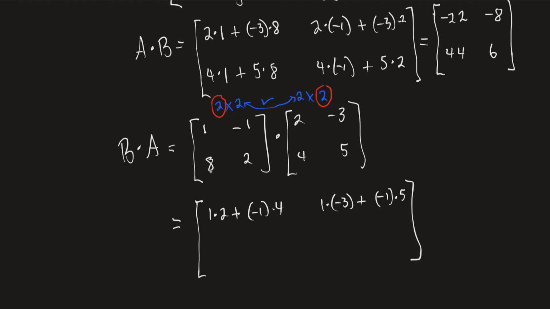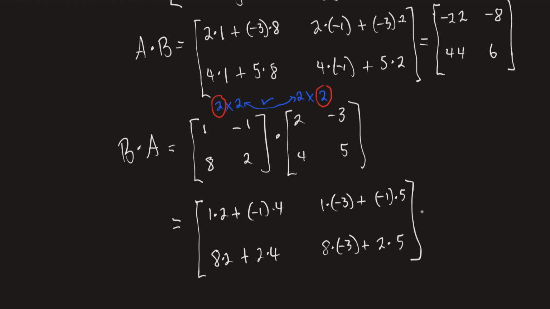Now repeat using the second row of B. So 8 times 2 plus 2 times 4. And then finally now let's finish it out. So the last entry in our product is 8 times negative 3, and then plus 2 times 5.